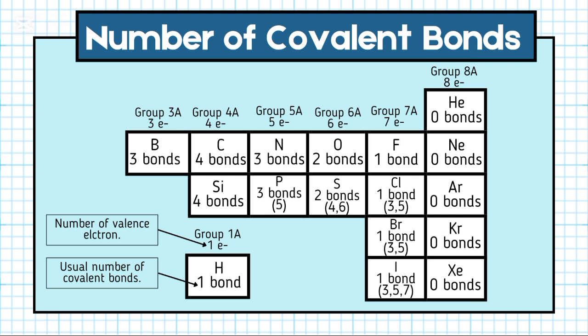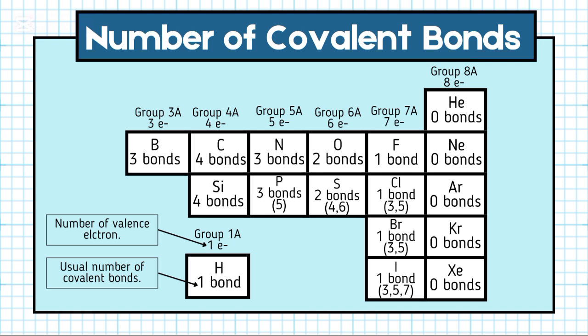Group 6A has 6 valence electrons, and the elements that belong to this group are first oxygen, which can form 2 bonds, as well as sulfur that can also form 2 bonds. However, again, sulfur can sometimes form 4 to 6 bonds, because this is also an exception.